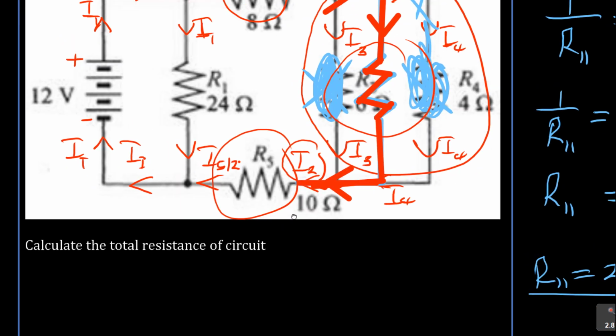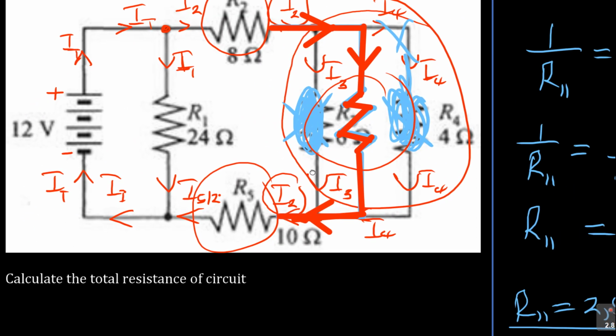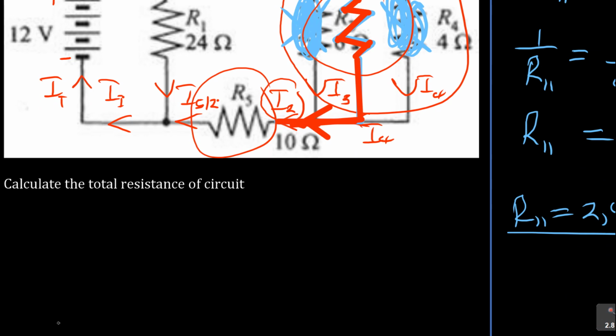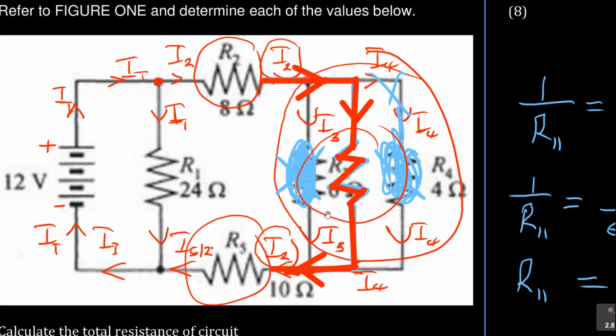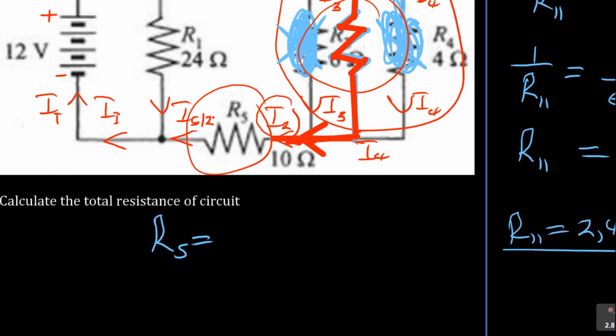Meaning I've got a series combination, and that series combination RS is equal to, then you take what? 8 ohm plus that 2,4, plus this R5. So let me write the names.